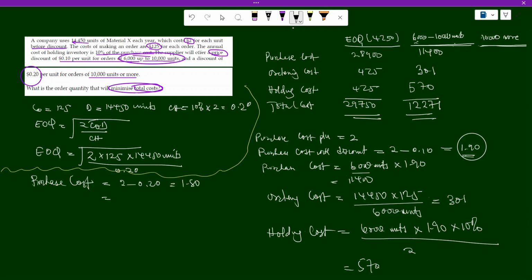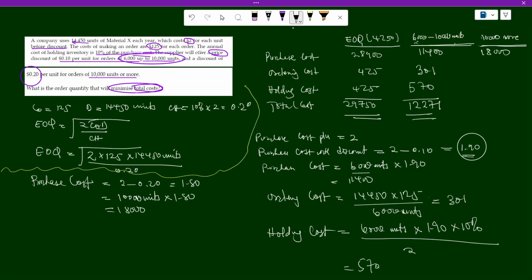So the purchase cost is now going to be 10,000 units times 1.80, which is $18,000. So let's put $18,000 here.